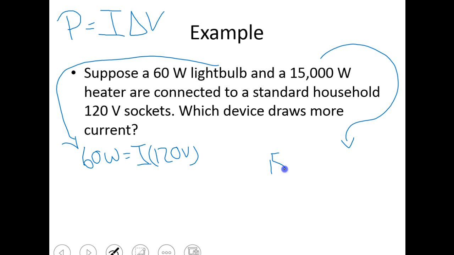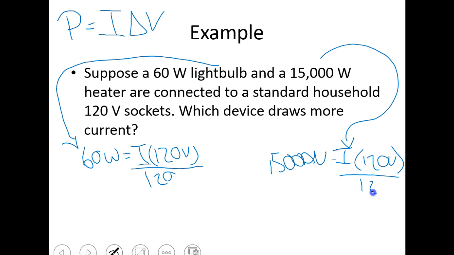And then I've got a 1500-watt heater, and that too is plugged into 120 volts. And so if I divide by 120, I need to do that on both sides of both equations. What I find is that the light bulb uses much less current than a heater.